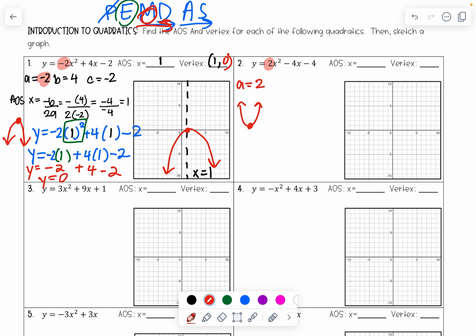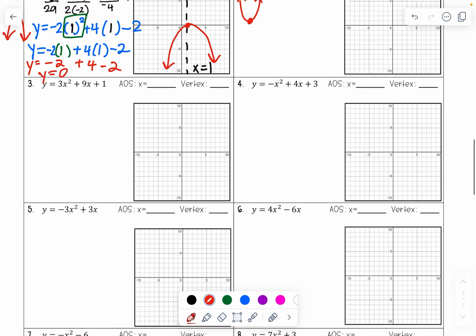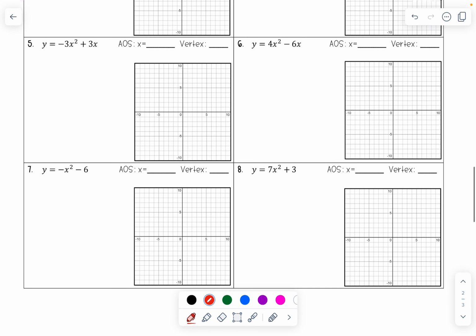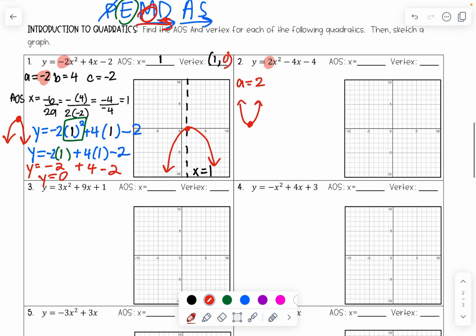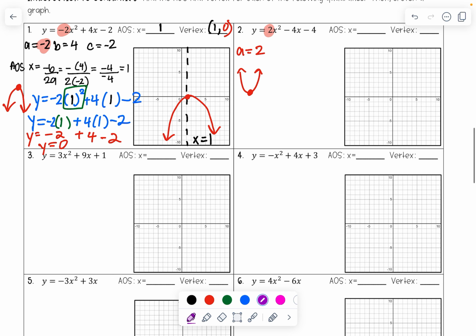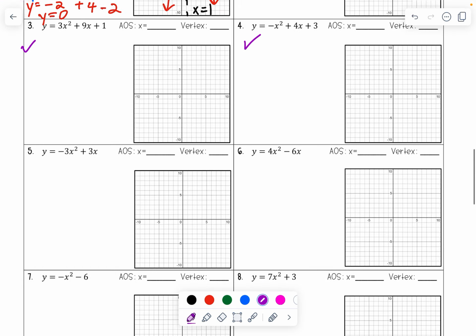You would continue this for problems 2 through 8 in the same fashion, but just be careful that a is the number in front of x squared, b is the number in front of x, and c is the constant term. So something I'm observing and noticing as I go through, you should be able to do 2, 3, and 4 the same way.